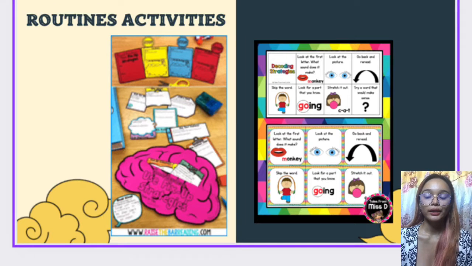So the children are encouraged to read the walls, which is also practice through these routine activities, because they familiarize themselves and expand their vocabulary in their native language.